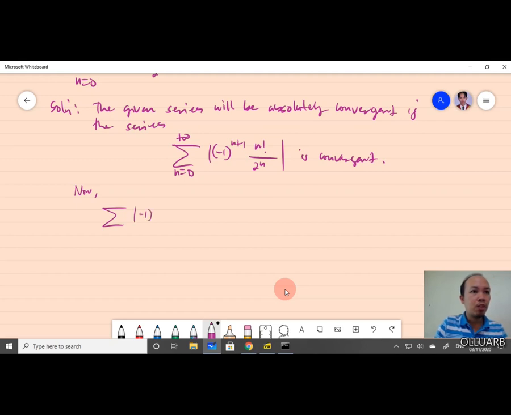Negative 1, absolute value of negative 1 to the n, times n factorial over 2 to the n, where n starts from 0 to positive infinity.